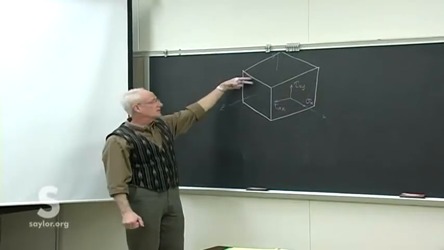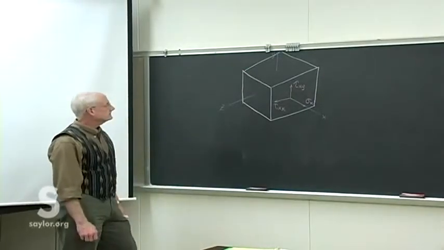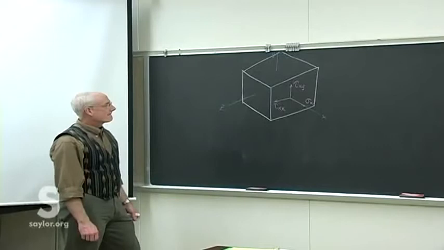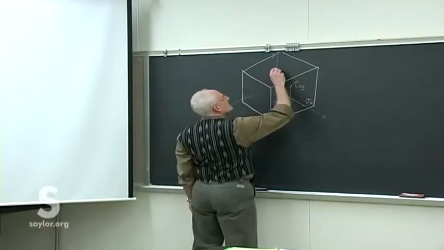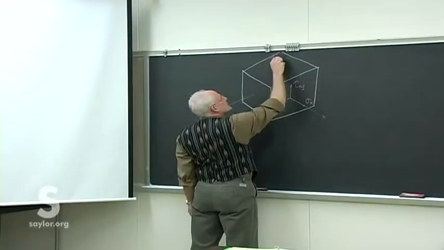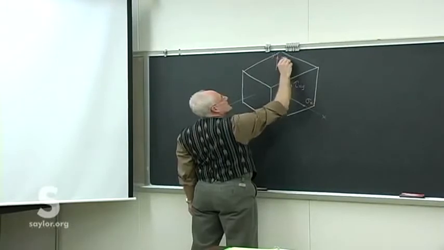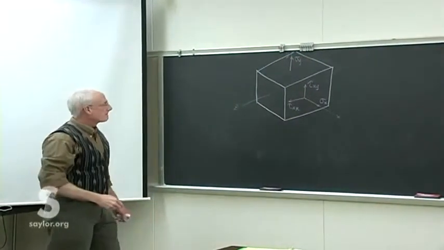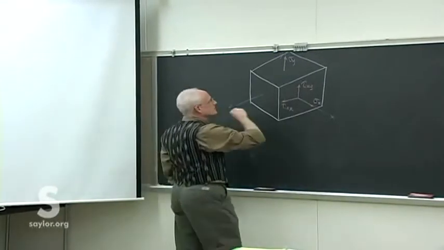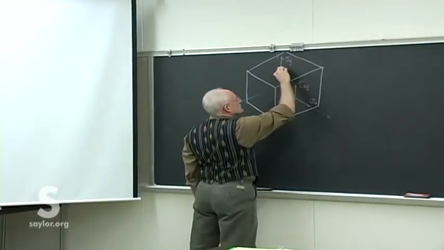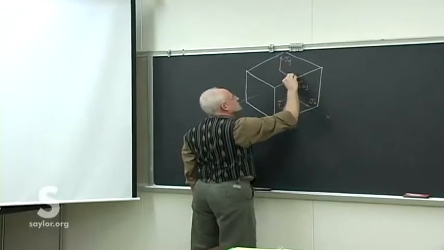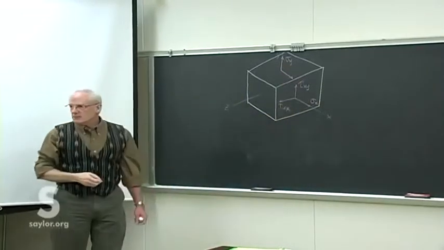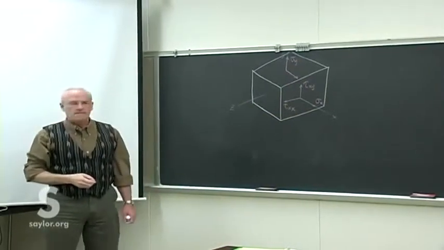It's just too difficult to draw behind the board. And then on this y face, I've got the same kind of thing. It might be tension, it might be compression, but there's still going to be some stress along that face. I'll just arbitrarily choose to draw all of these in the positive direction. There's a shear stress that will be exposed along that face.